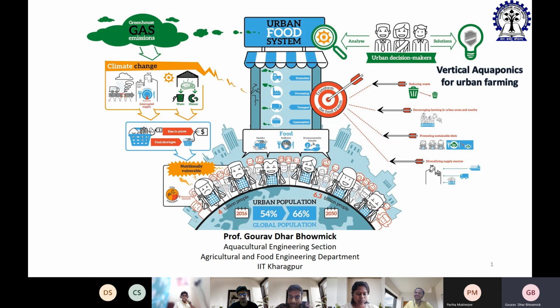Recently, in a couple of European countries, and even some places in the USA, they started working on vertical farming.